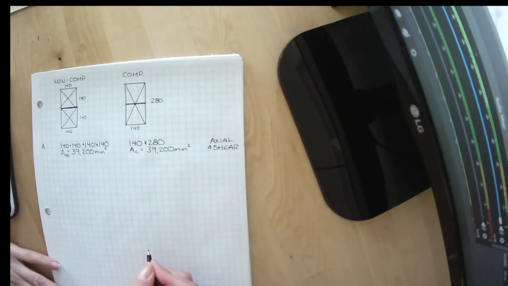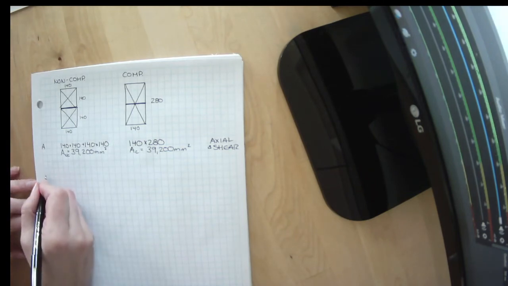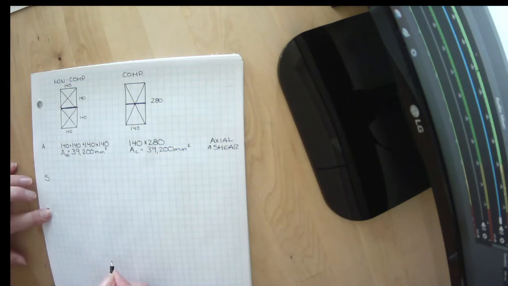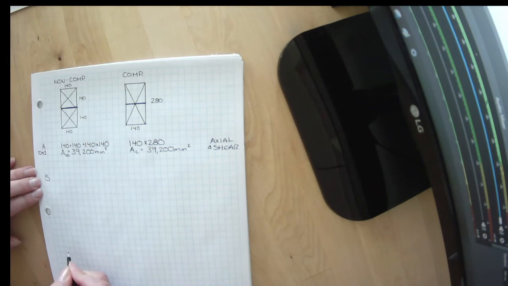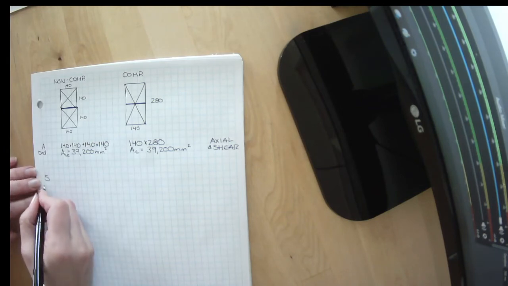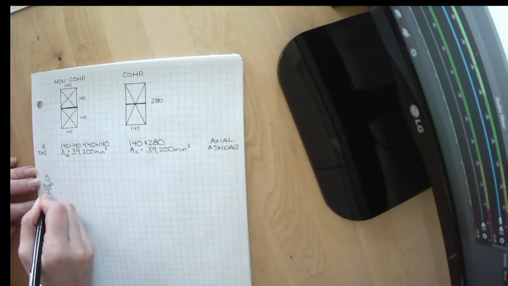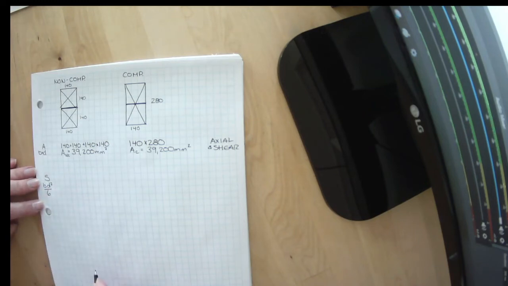and shear loads. Let's take a look at the shape property we use for bending, which is S. Do you guys remember the formula for the shape property S of a rectangle? It's BD squared divided by 6.